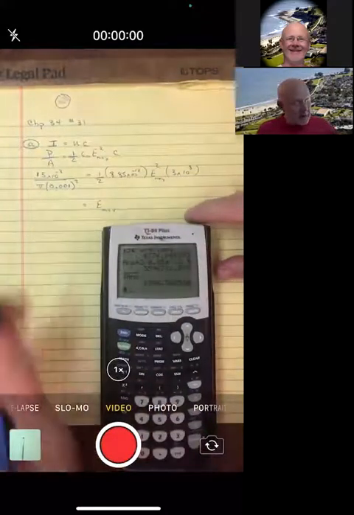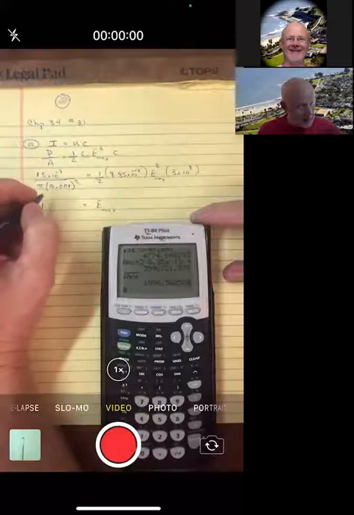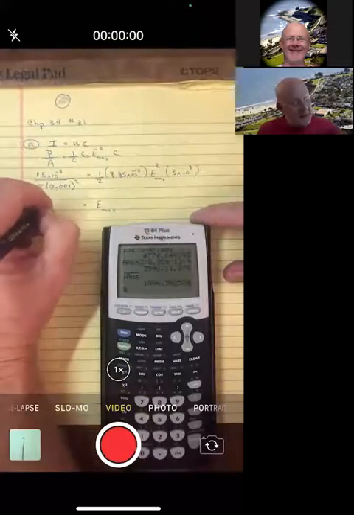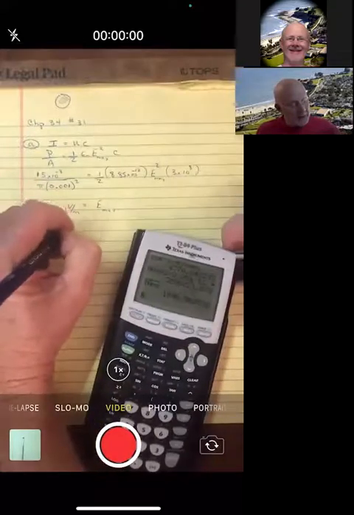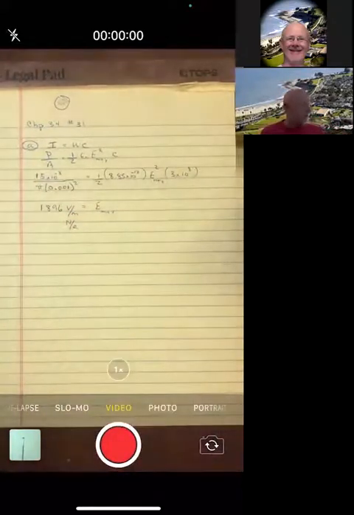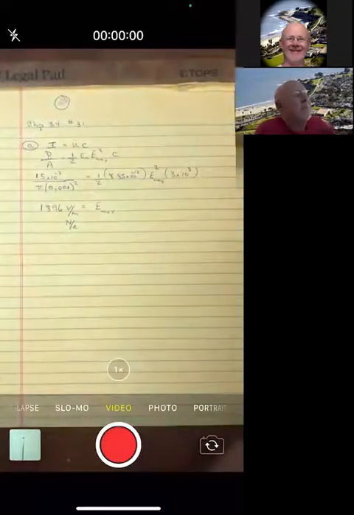Taking the square root gives me about 1,896 volts per meter or newtons per coulomb, whichever you prefer to write your units. Usually volts per meter is probably a better way of talking about the units.